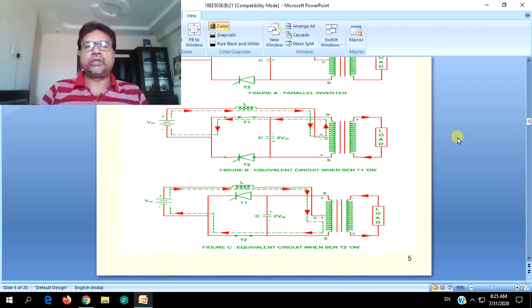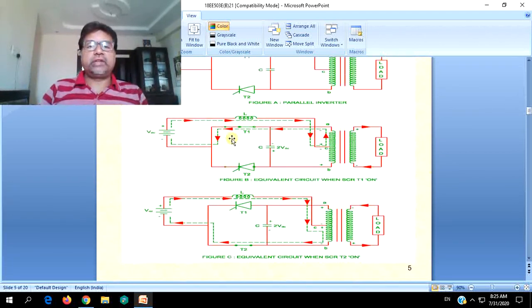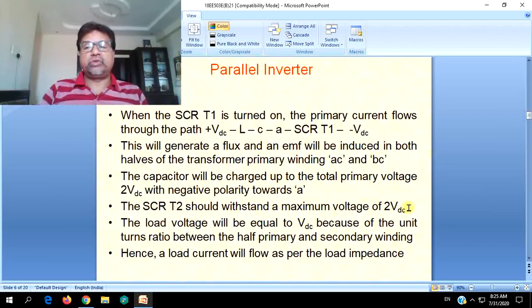Whenever a given SCR is conducting, the other SCR should be blocking the total voltage of the primary, that is 2 VDC. It should withstand a maximum voltage of 2 VDC.